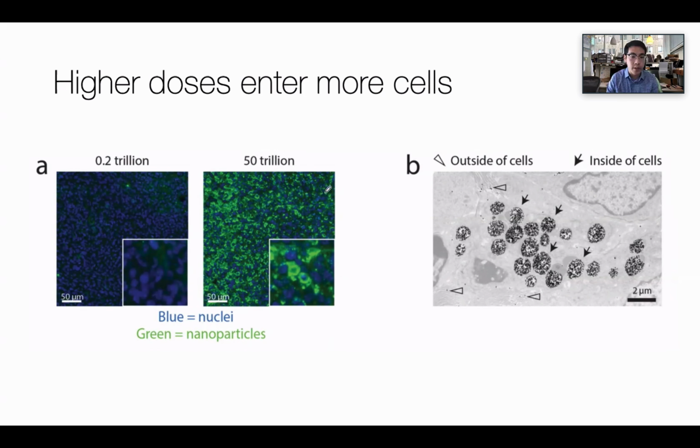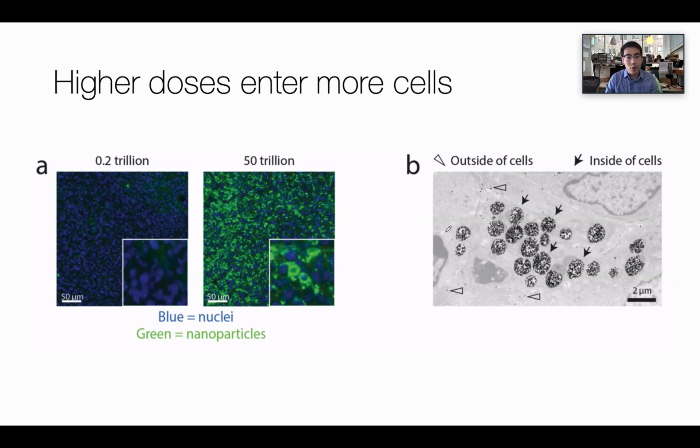But when we increase the dose, we see a rather homogeneous distribution of our nanoparticles throughout the cells of the tumor. And when we quantify this on flow cytometry, what we find is that at the highest dose, 93% of all cells in the tumor had taken up at least one of the nanoparticles, suggesting that we could access almost all of the cells in the tumor by increasing the dose.